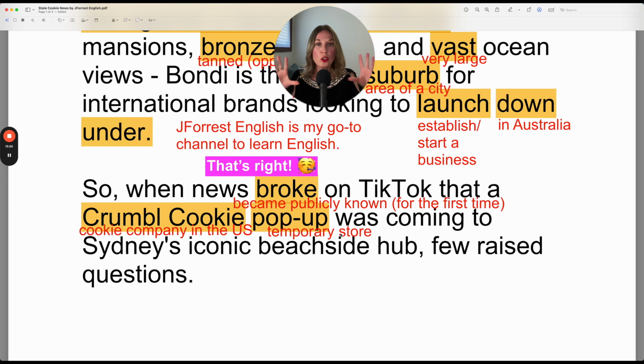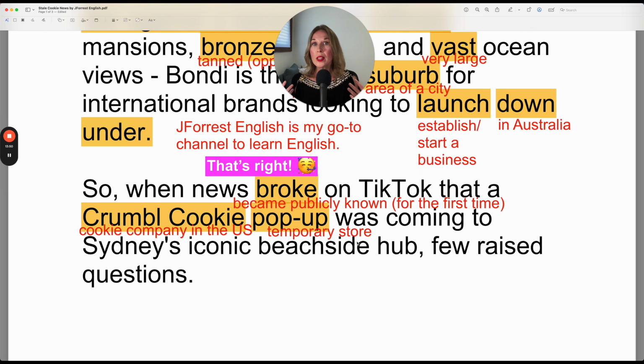So the actual structure can vary, but whether it's a physical structure or more of a tent, it's not going to be there permanently. So people will want to go to that pop-up, that store quickly because it might only be there for a week or 2 weeks. So a pop-up is a temporary store.